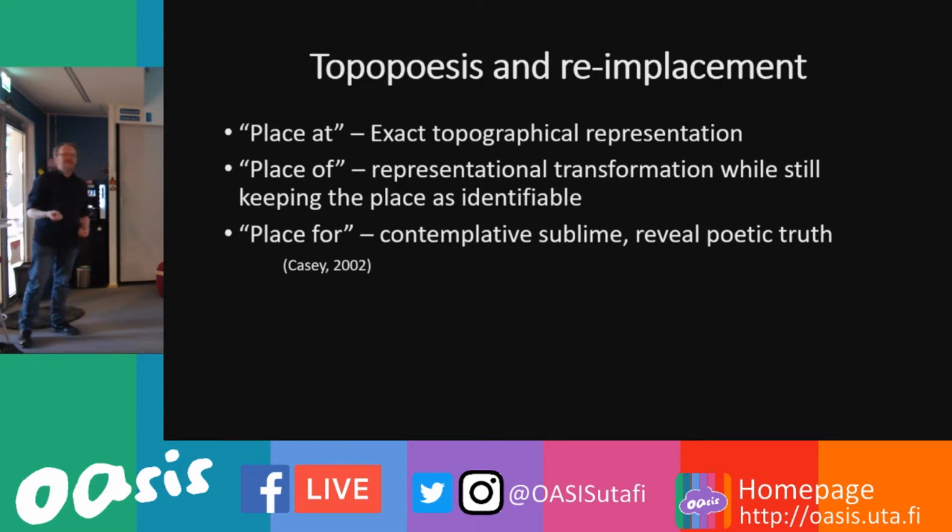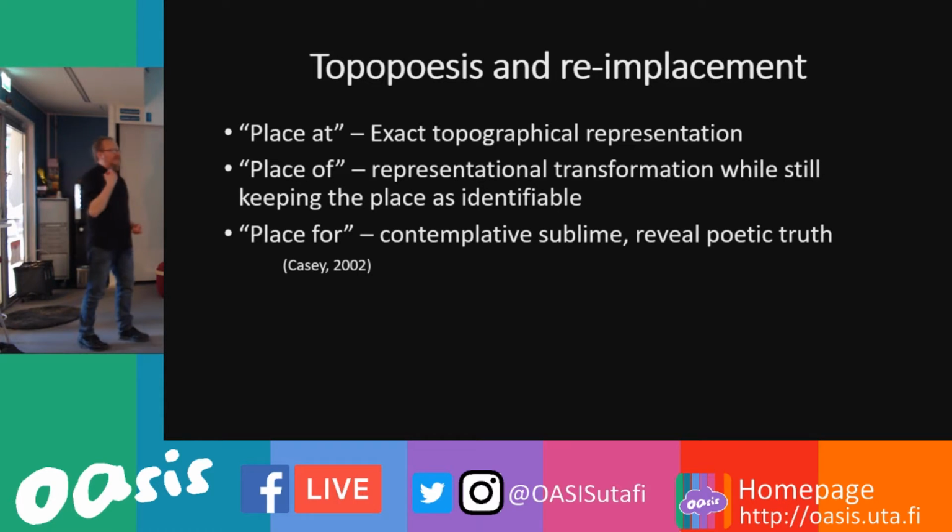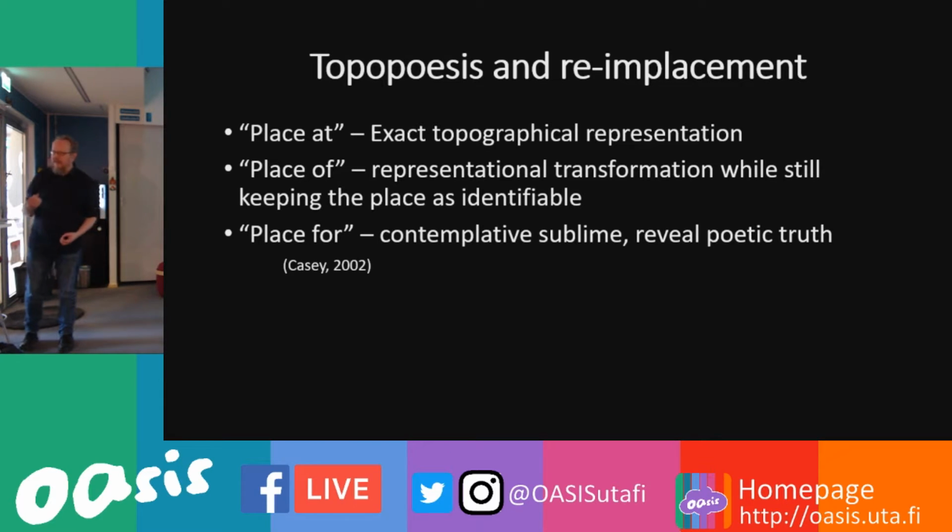Place of means that the place has gone through a representational transformation, while you still keep the place identifiable. This relates especially to Casey's analysis of different kinds of landscapes: this landscape is better because it has these representational transformations, which reveal something more about the spirit of the place.